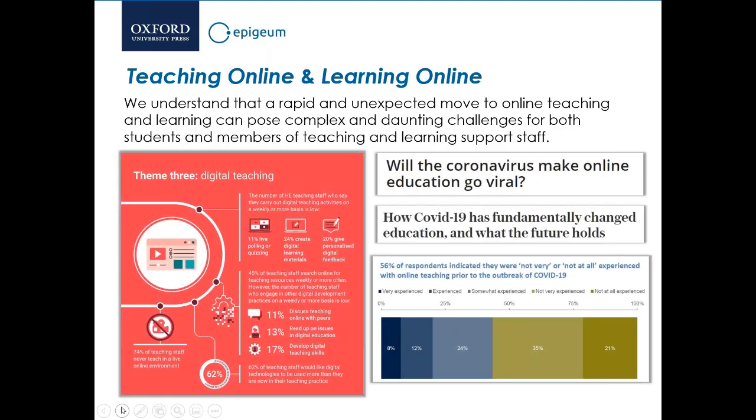Now, we knew that there was a need for support for members of teaching and learning support staff. Surveys undertaken by JISC, for example, or our own Oxford University Press, indicated that many instructors in higher education institutions had limited experience with online and digital teaching prior to the outbreak of COVID-19, and many expressed to us in our own research that they lacked confidence in this area and needed further guidance in order to take their online teaching further.